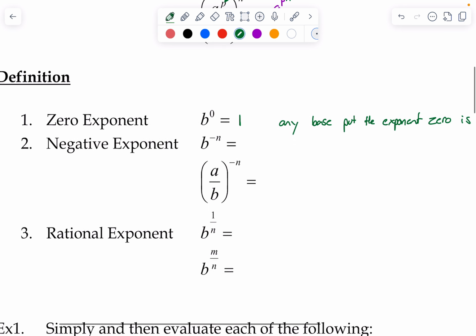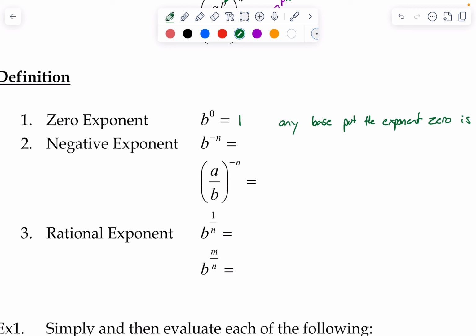The negative exponent. One of the biggest mistakes I see is that people think the negative exponent means multiply by negative. So this does not mean negative b to the n. That is not the same thing. What a negative exponent says is take this base, whatever is being put to the exponent, and flip it upside down, or reciprocate it.